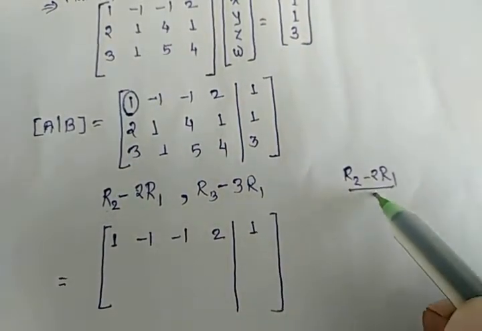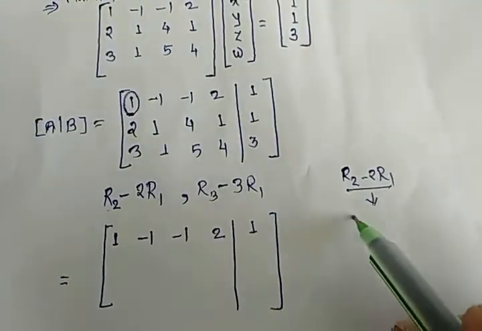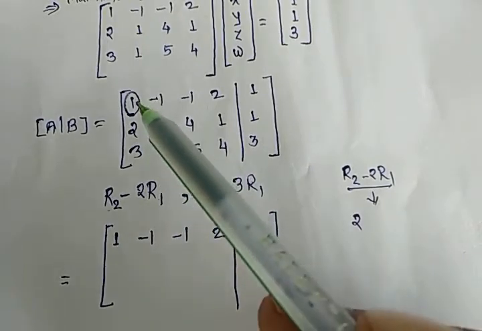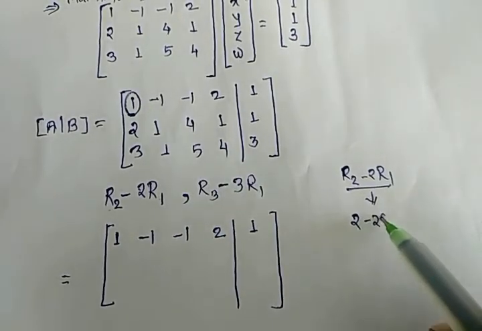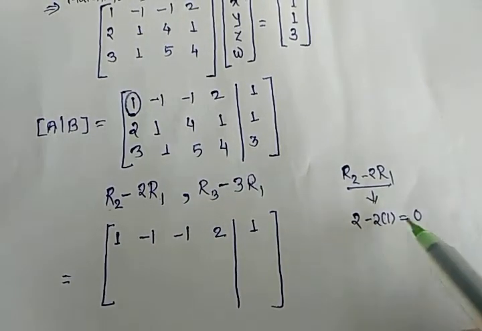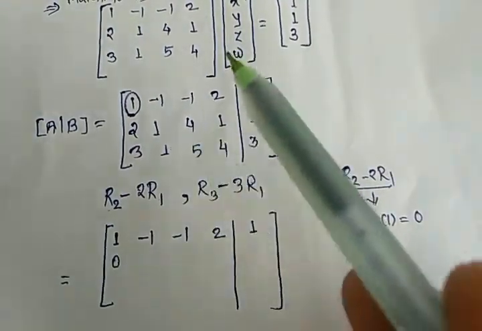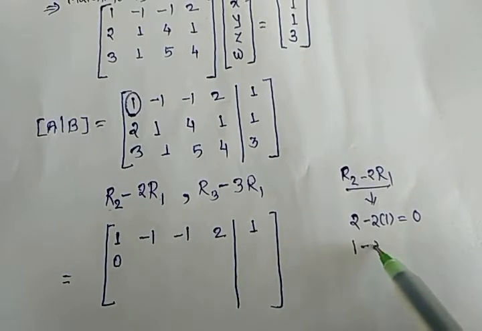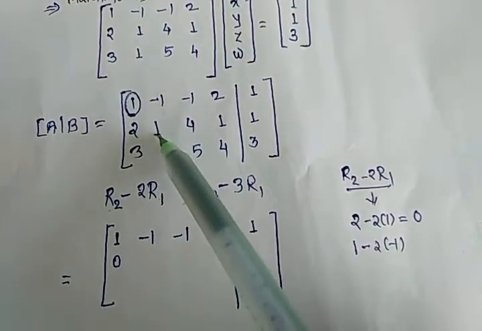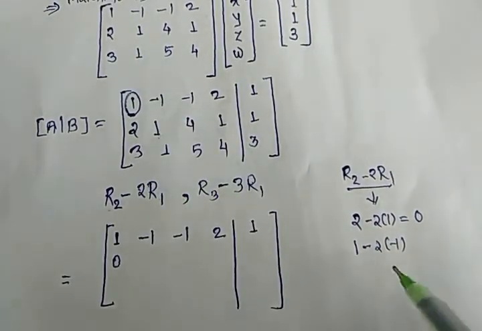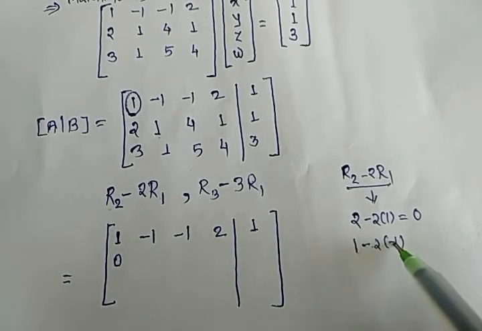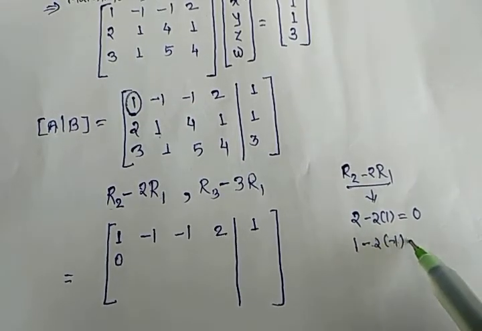Here R2 is 2 and R1 is 1, so 2 minus 2 into 1 is 0. Next, 1 minus 2 into -1: minus minus is plus, 2 into 1 is 2, 1 plus 2 is 3.